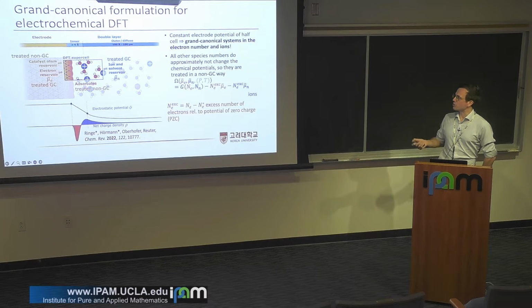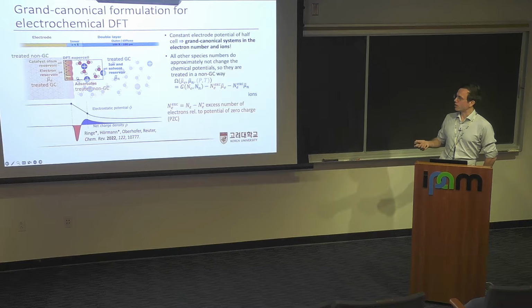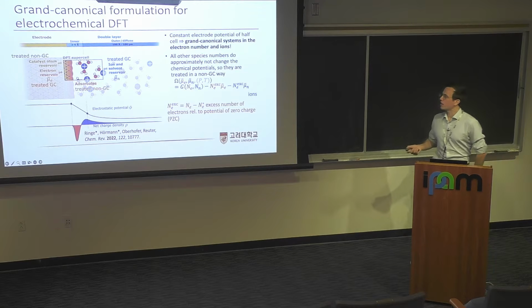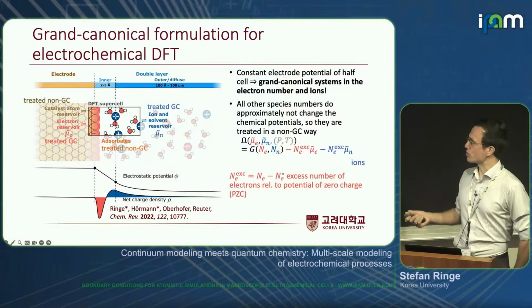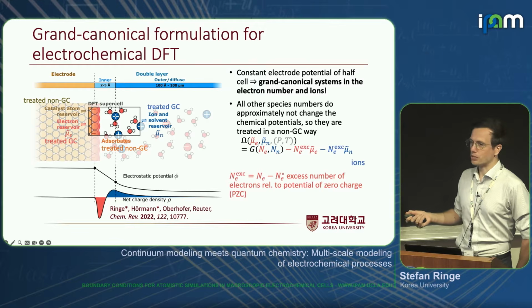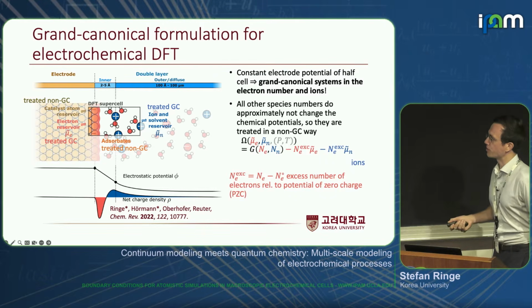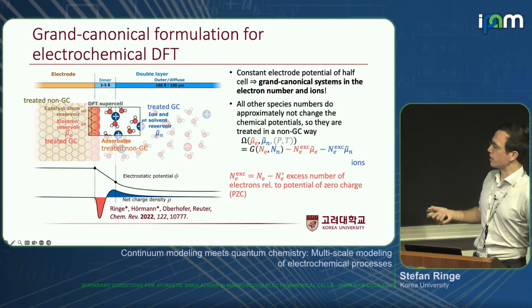And we need to treat the electrons grand-canonically, as well as the ions which come in and out. And in principle also the catalyst atoms, but often we treat them still canonically. And then we can construct a grand-canonical potential to treat this interface, which consists of the free energy and these chemical potentials, electrochemical potentials. So that's the idea behind it.